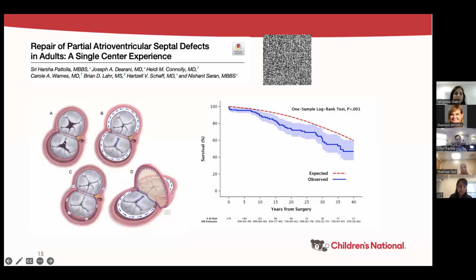Again, the cleft AV valve, this is what a cleft looks like, and they would close this up to address the regurgitation and try to expand the annulus, and then put a patch into the primum region. You can see that the outcomes are pretty good. Their survival was 83% at 15 years, and obviously higher than that 5 years out.